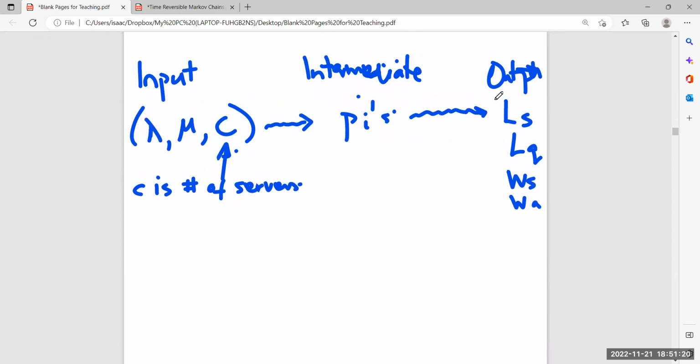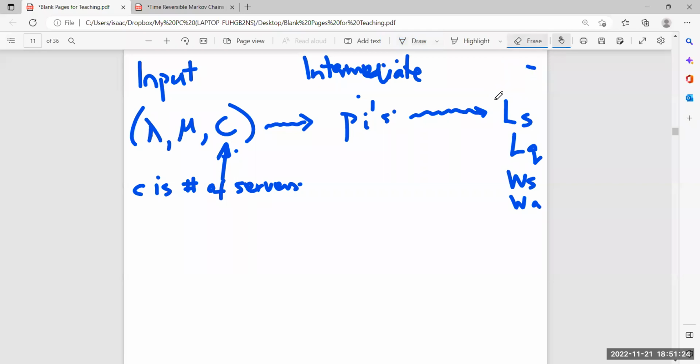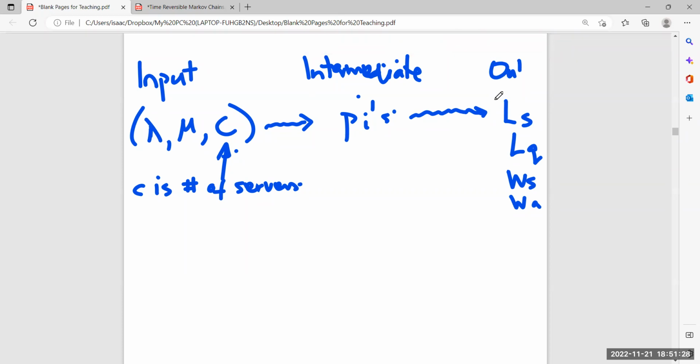These are my inputs: the only inputs that you have are the arrival rate, the service time, and the number of servers.